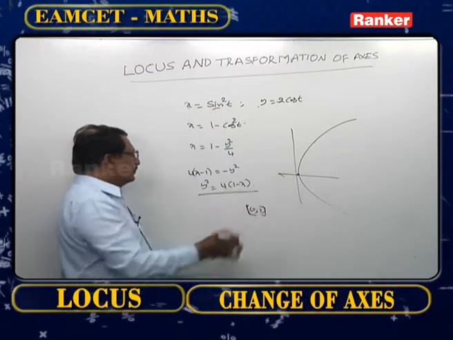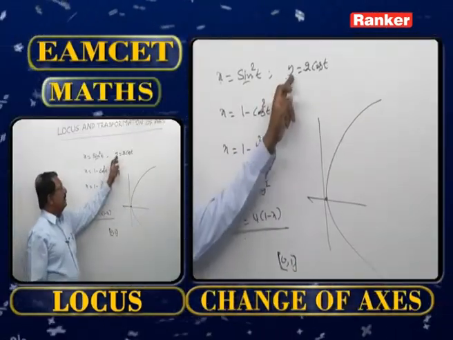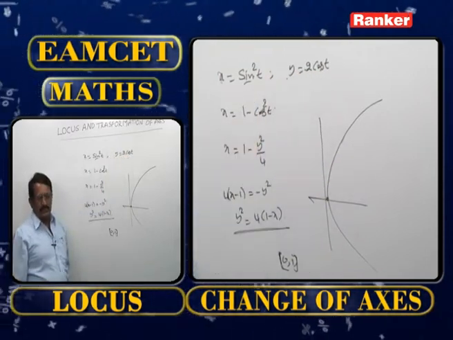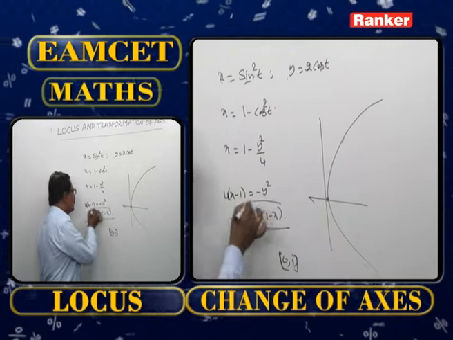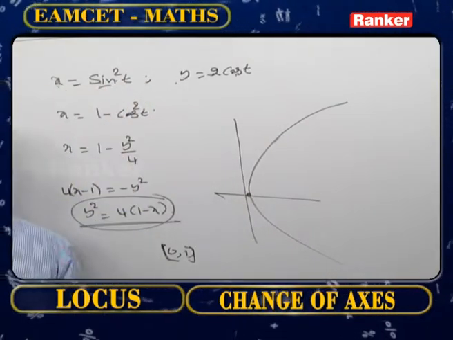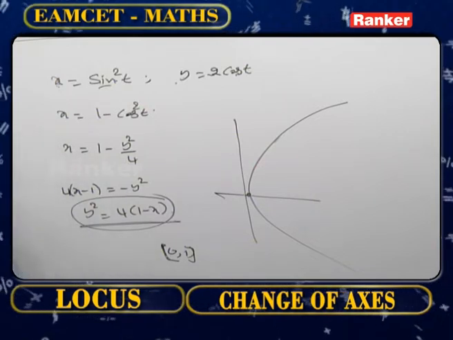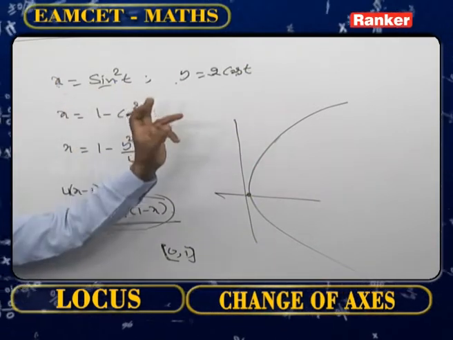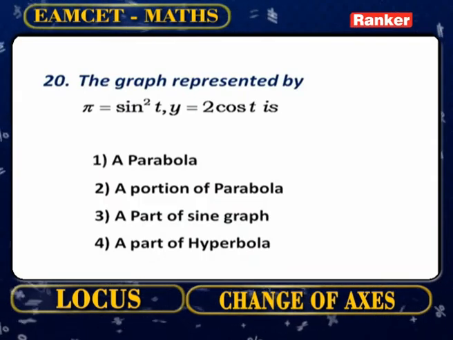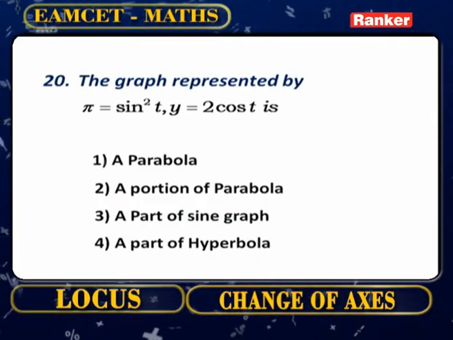So x only goes from 0 to 1 and y from minus 2 to 2. Then the locus of the point, or the graph of the equation, represents a portion of a parabola. So the answer is the second option.